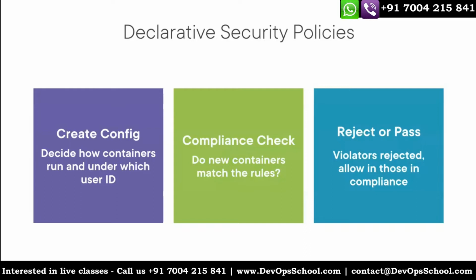It depends: violators are rejected, and those in compliance are allowed. So you have to write all this in a declarative mode. First you write what should be checked, then check whether it matches the rules, and third, violations: rejection or pass.